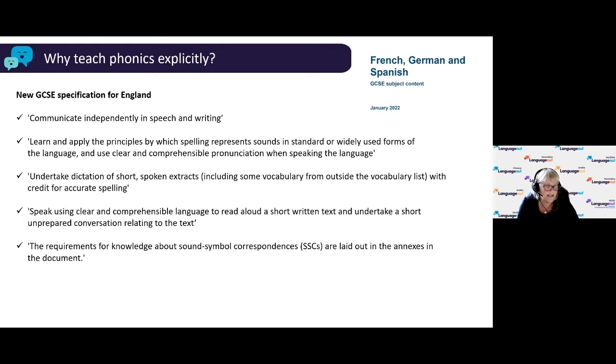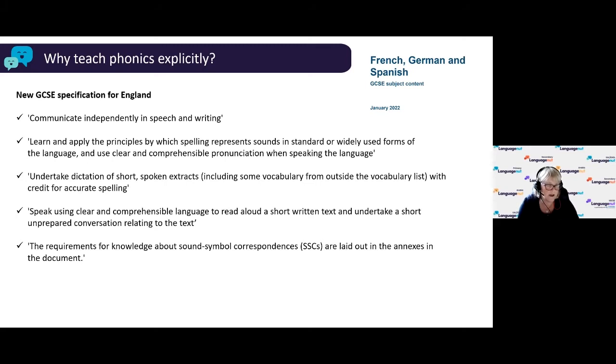We're moving towards sound, spelling, correspondence links, and also the assessments are going to be multimodal, which is the first time that listening and writing, and reading and writing will be assessed, and pupils need to be able to demonstrate their ability to transcribe and to decode with the dictation that they'll have to do of a short spoken extract with a certain number of words in, which is clearly visible in the new specifications.